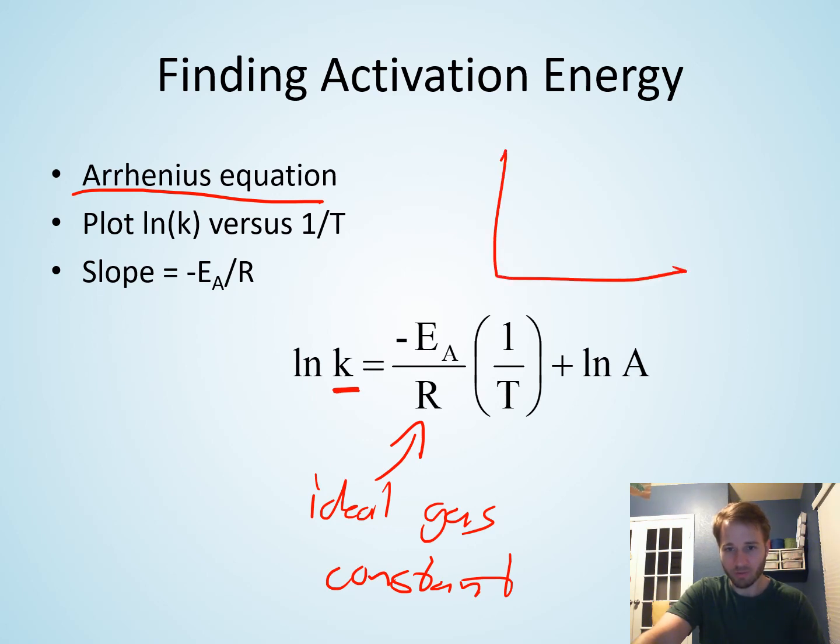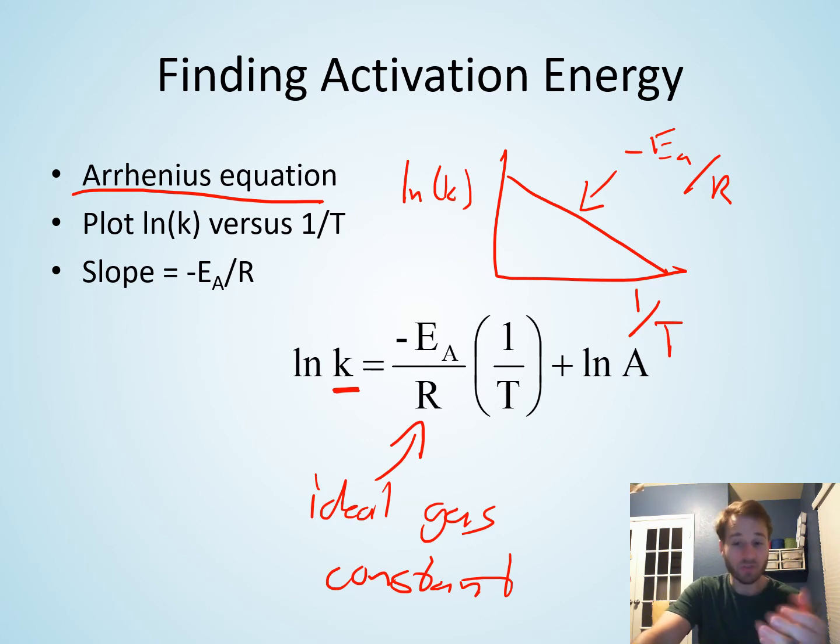So if I plot ln k versus 1 over T, I will get a straight line with some negative slope, with the slope being minus Ea over R.